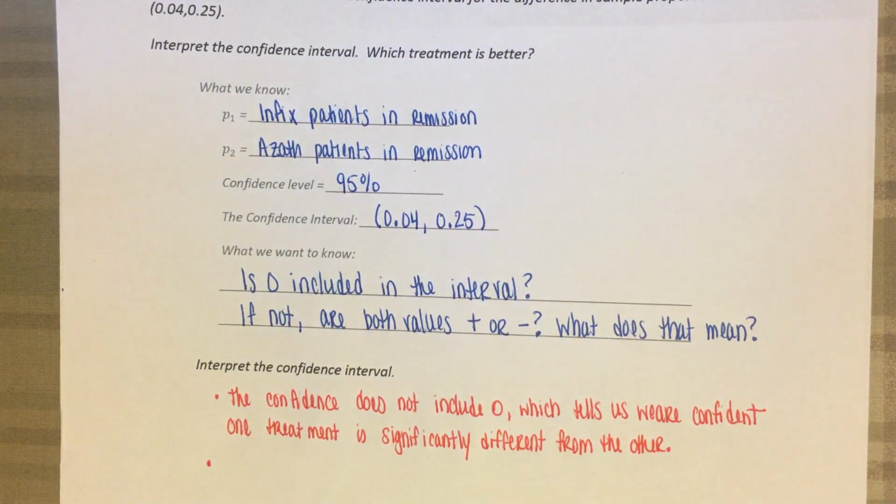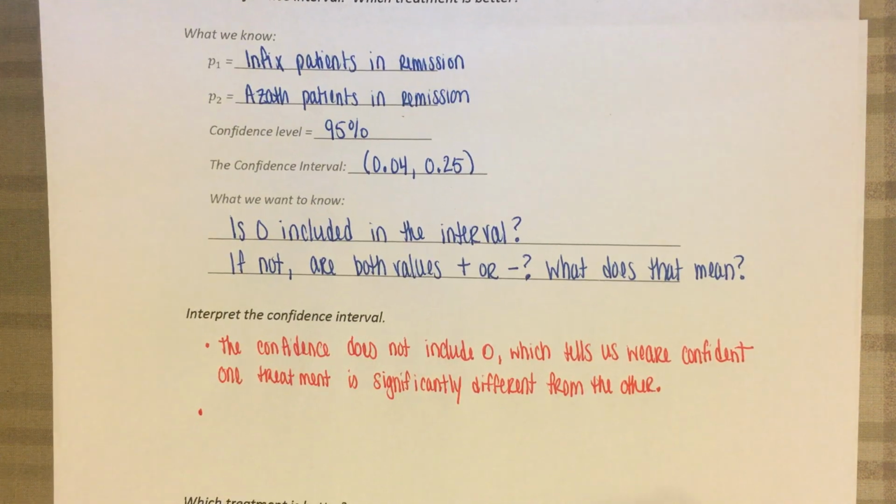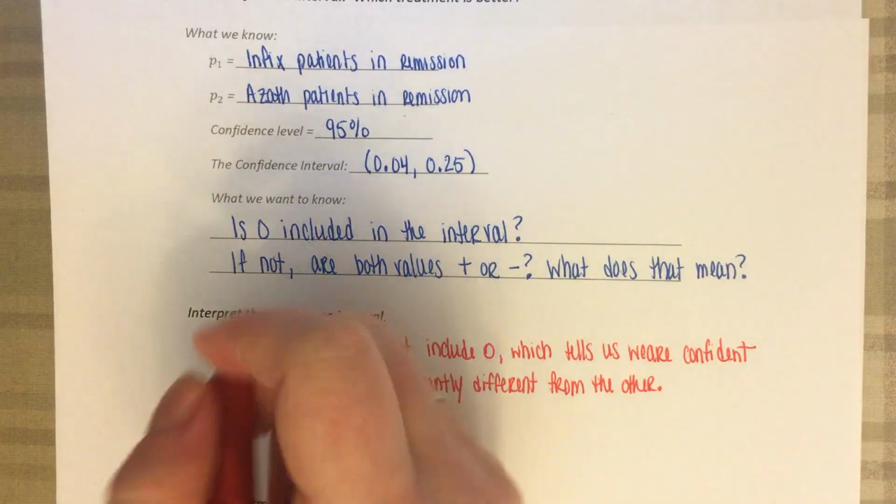Looking at this then, 0 is not included in our interval, and both of our values are positive. So we want to determine what that means.